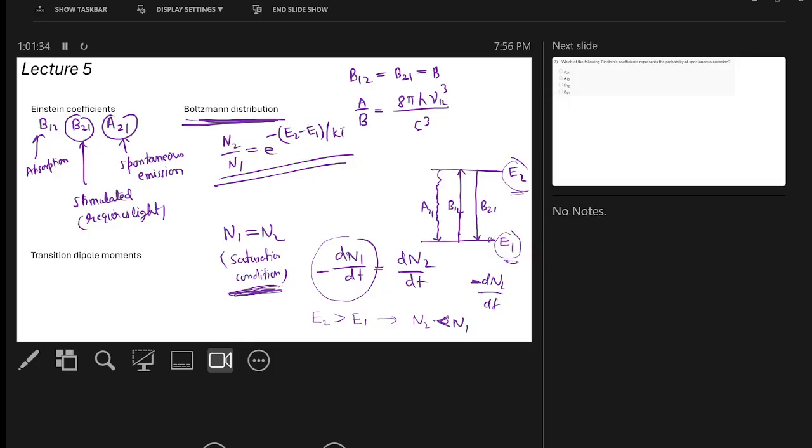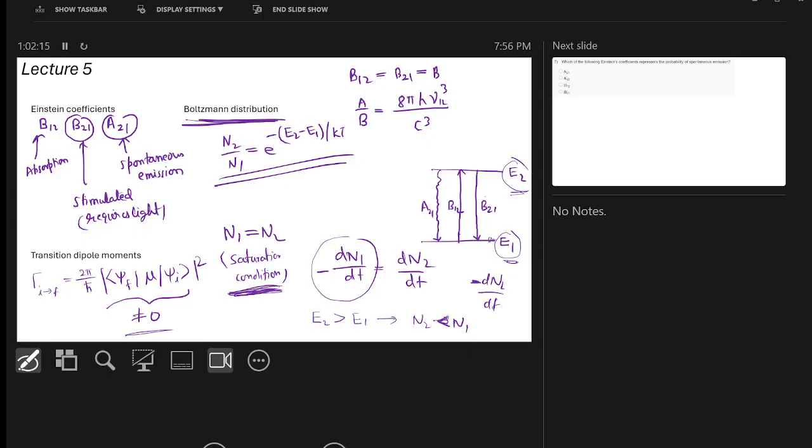So the transition dipole moment from initial state to final state is defined as the integral of psi f, dipole operator, psi i, whose square should not be equal to 0.